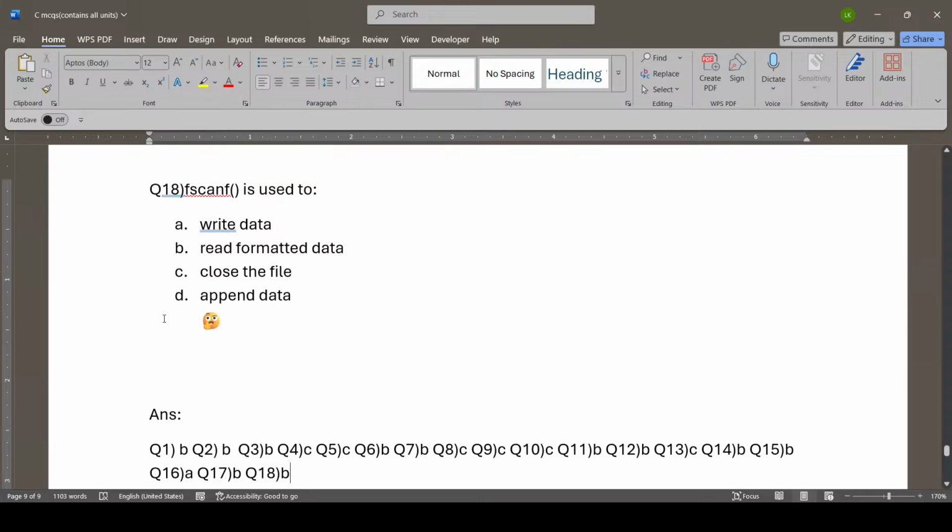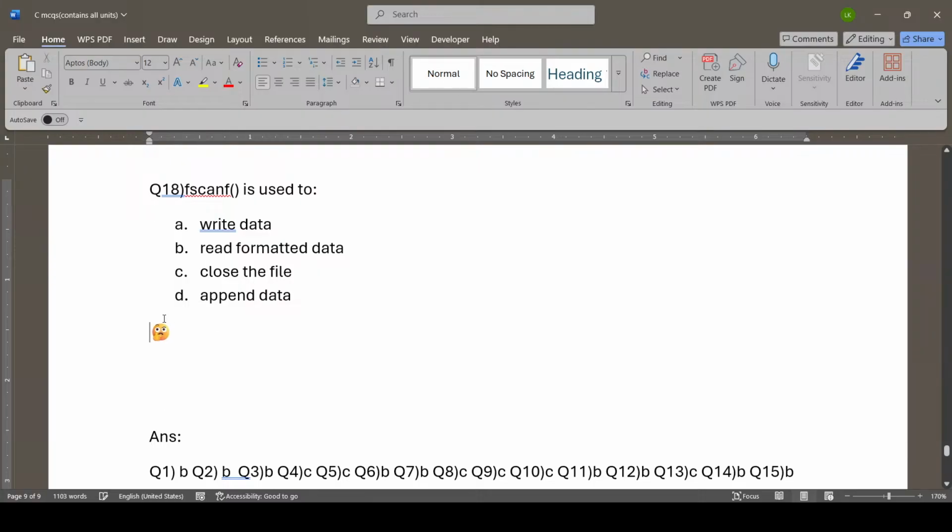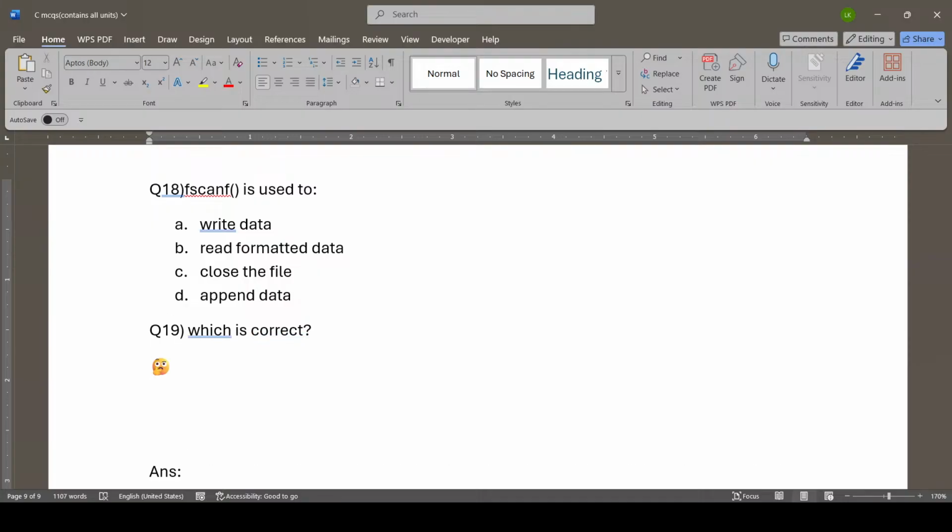Question 19. Which is correct? First option is fprintf, with a file pointer fp, specifier %d, and a variable x.